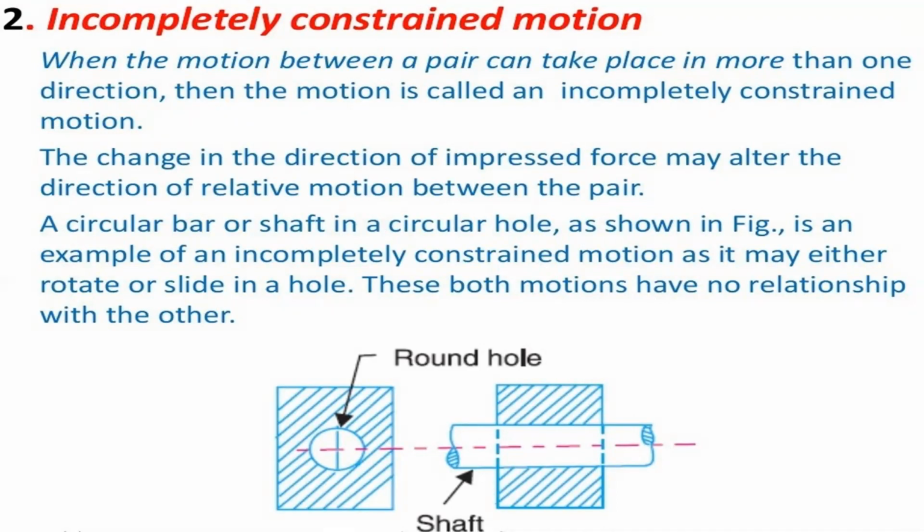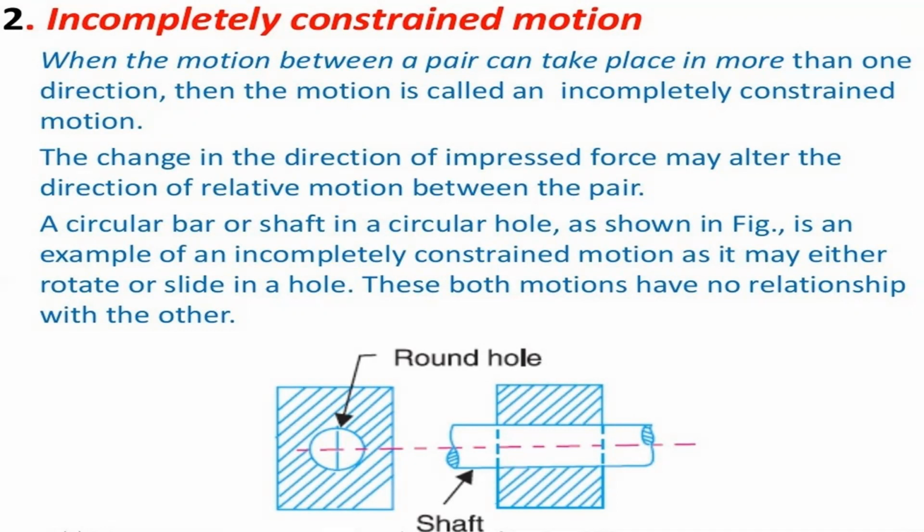It can move in a linear position, that is reciprocating motion, or it can move in a rotary position also. So there are more than one direction, and it is said to be incompletely constrained motion.